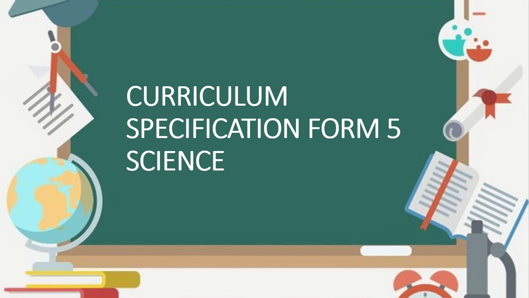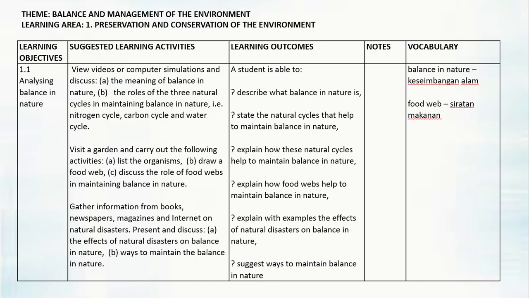Next is curriculum specification Form 4 science. Curriculum specification for Form 5 science. The theme will be balance and management of the environment. Learning Area 1, preservation and conservation of the environment.